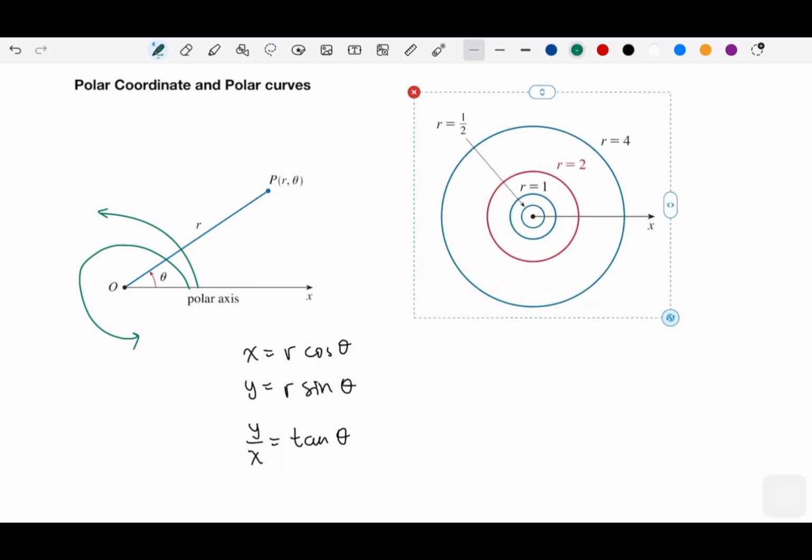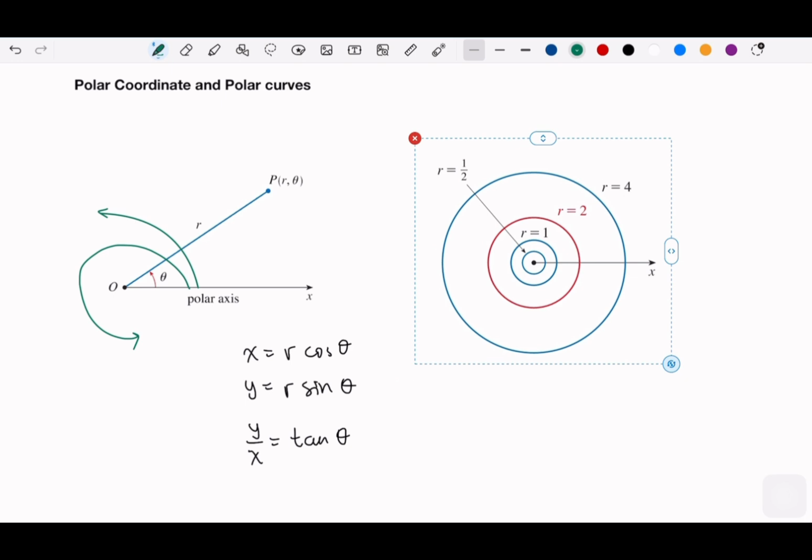Now to be precise, for example, let's say here, this is some angle theta. Now we could write that this point has r equal 2, comma, theta.